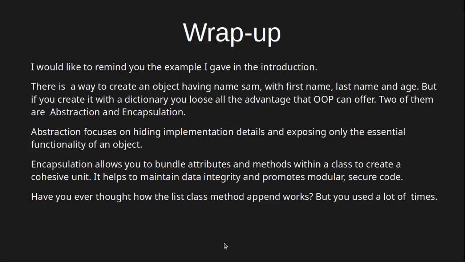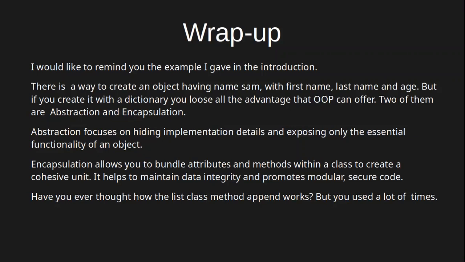Wrap up. I would like to remind you the example I gave in the introduction. There is a way to create an object having name Sam with the first name, last name, and age. But if you create it with a dictionary, you lose all the advantage that object-oriented programming can offer. Two of them are abstraction and encapsulation.